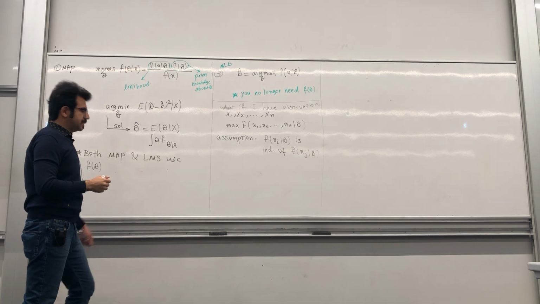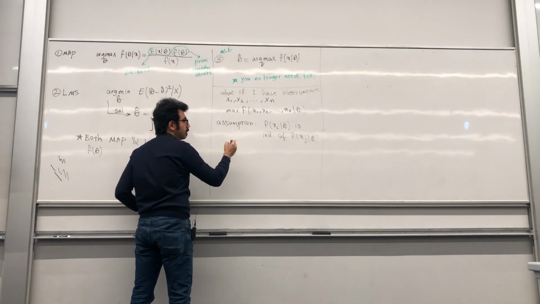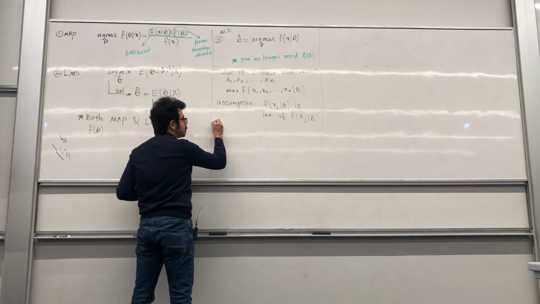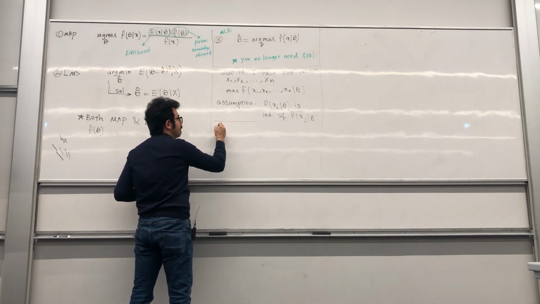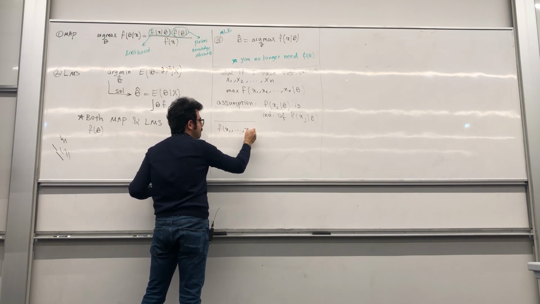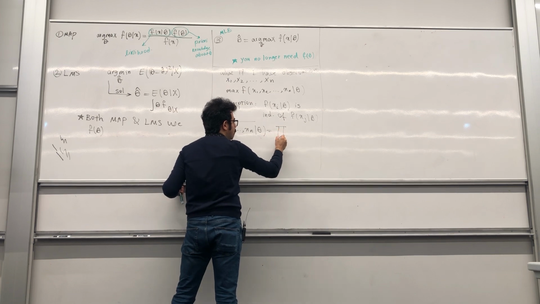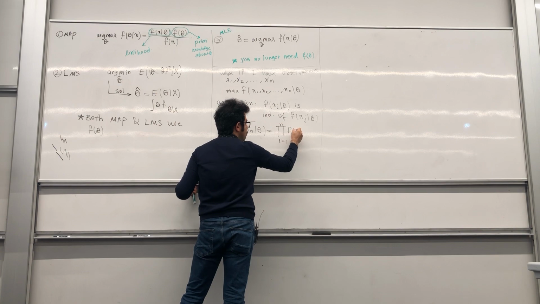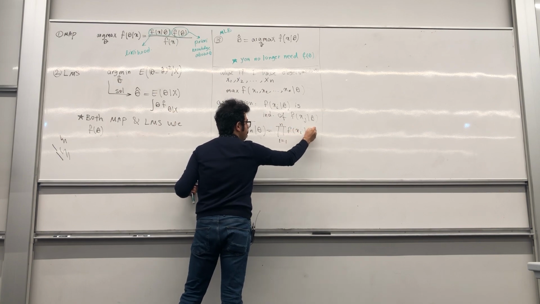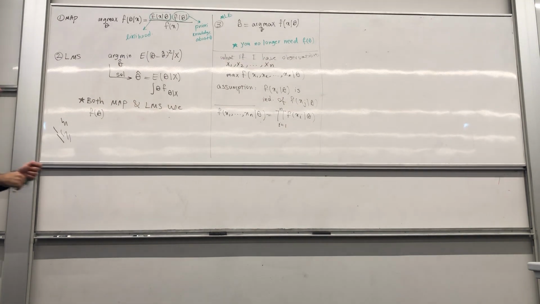If this is the case, I can simplify the likelihood formula. I can write f of x1 up to xn conditioned on theta as the multiplication of f of xi conditioned on theta. Makes sense? Because I assume that they are conditionally independent.